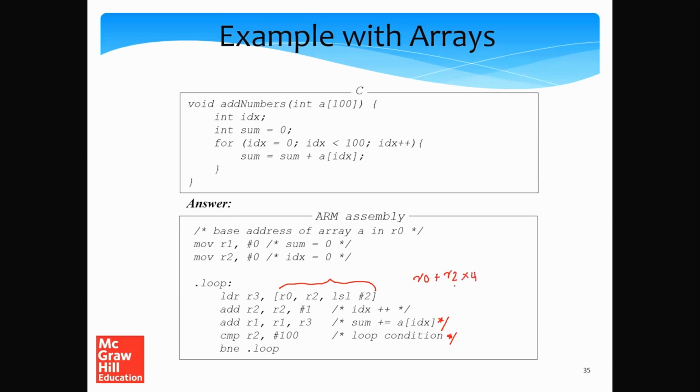Times 4 is the same as left shifting by 2 positions. R2 contained the index, so this gave us the address of the element in the array, where R0 is a base register. So the address would increase as follows: 0, 4, 8, 12, 16 and so on.